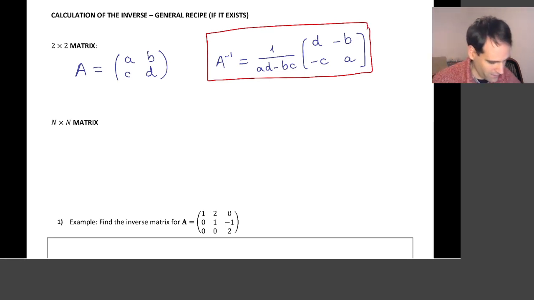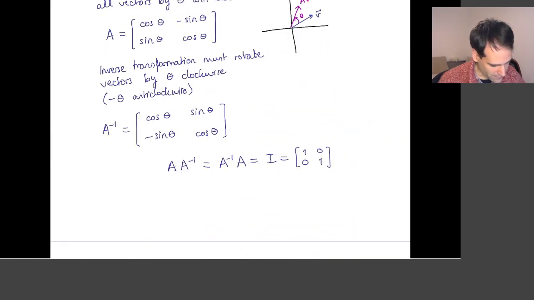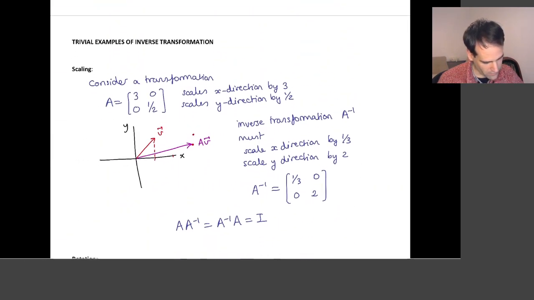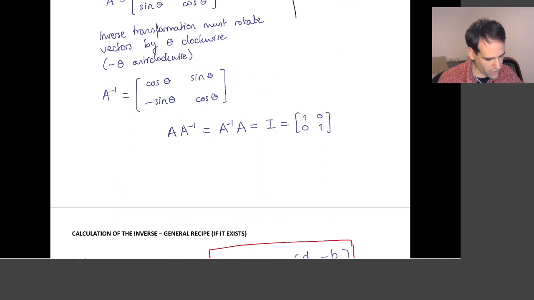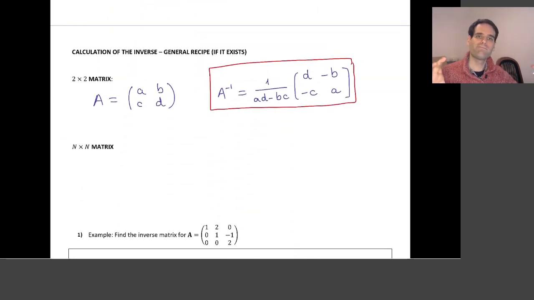Simple, right? I encourage you to check that in the two examples we did previously, the scaling and the rotation, you can apply this formula and you get the inverse.